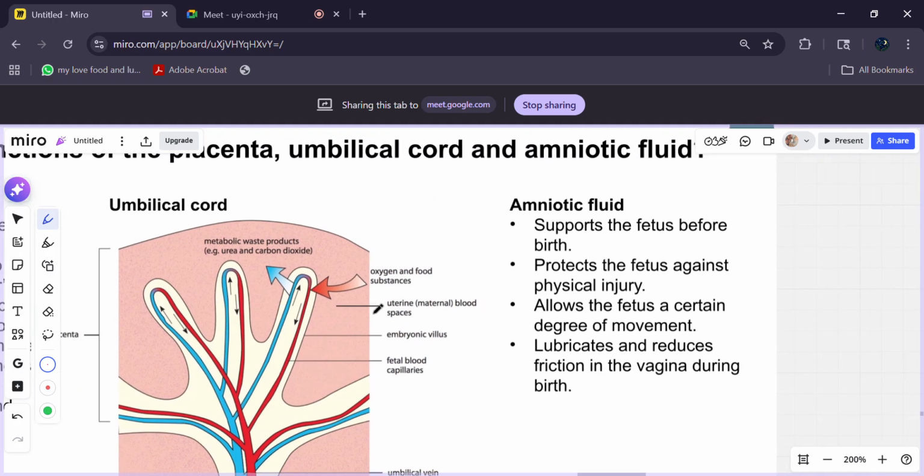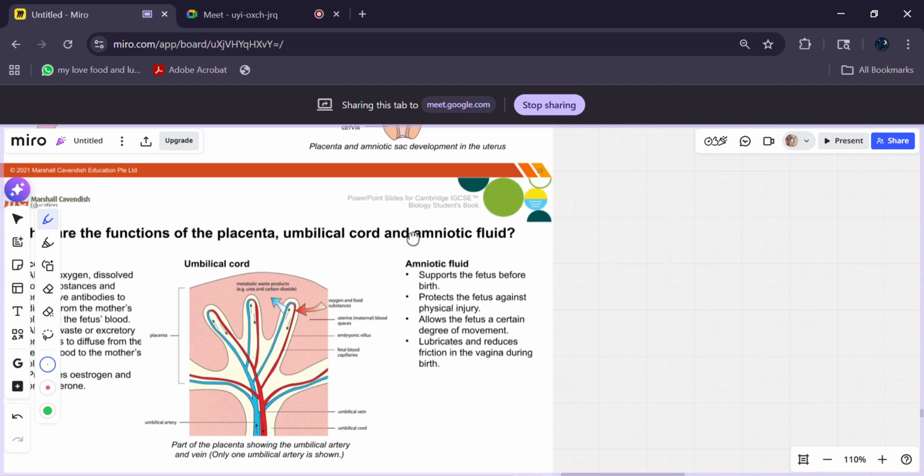And now we talk about amniotic fluid. It supports the fetus before birth, protects the fetus against physical injury, allows the fetus a certain degree of movement, and lubricates and reduces friction in the vagina during birth.